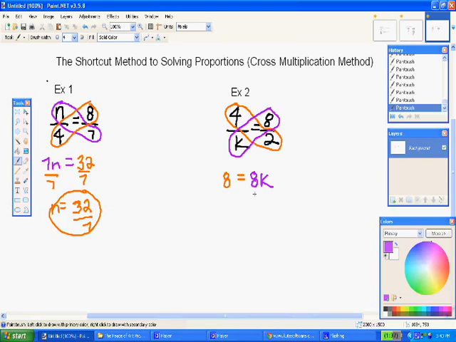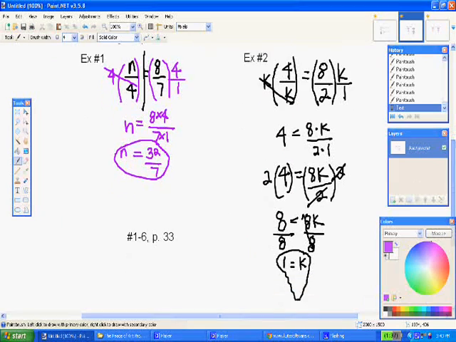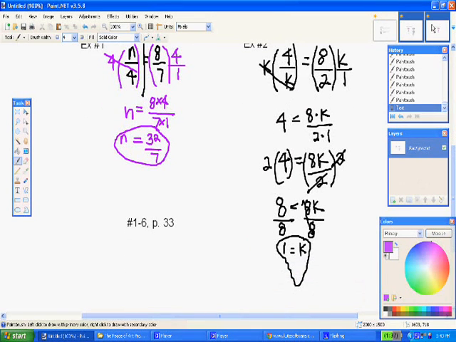And we want to get k by itself, so we can solve for it. So we're going to divide by 8 on both sides here. 8 divided by 8 gives us 1. The 8's here cancel out, and we get k equals 1. And let's just check to see if that matches up with the long way. And yes, it does.